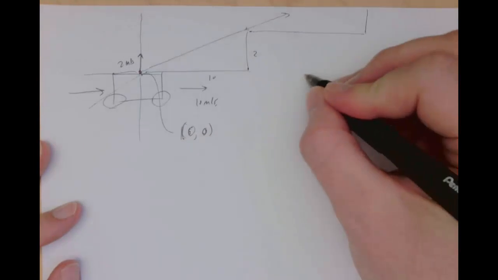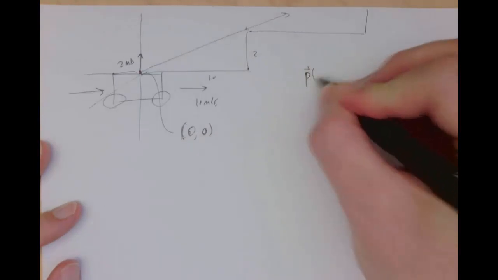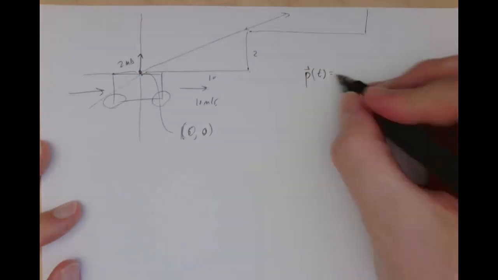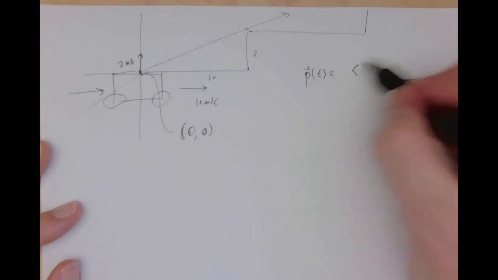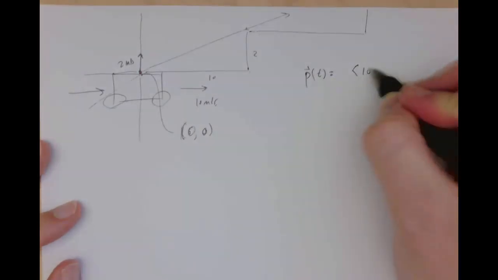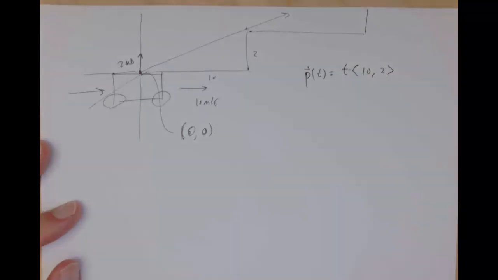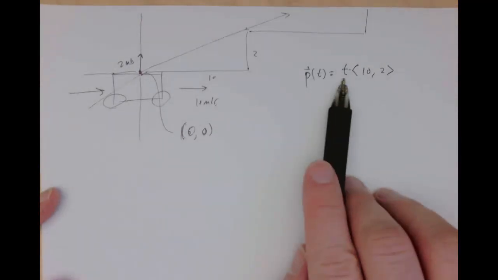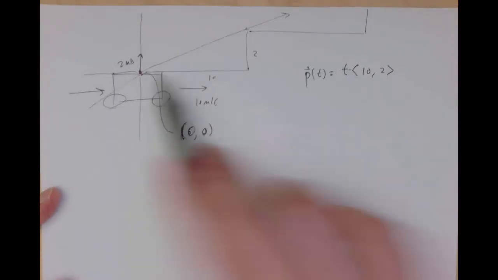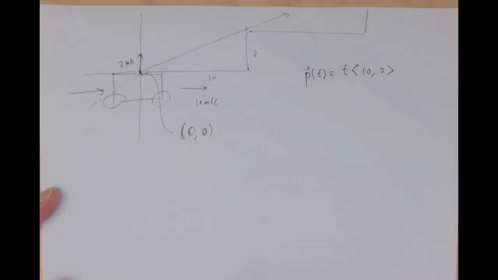So let's call this position as a function of time. And I already know the speed. It's over by 10, up by 2 as a function of time. And I believe that that's it. Because each time t goes up by 1, I'm going an additional 10 and 2. So it's expressing the correct speed there.